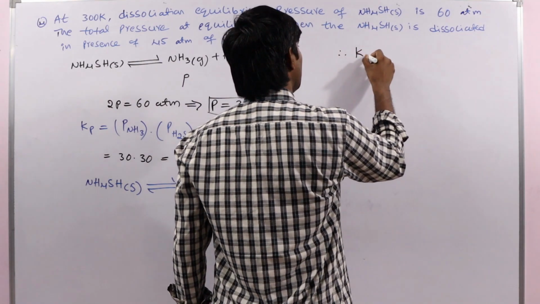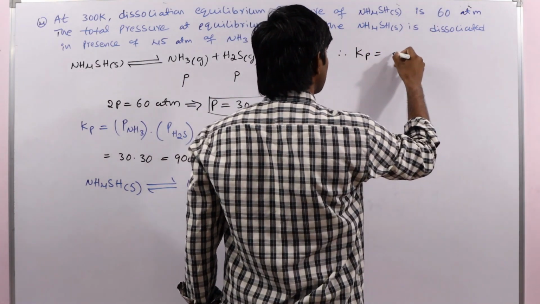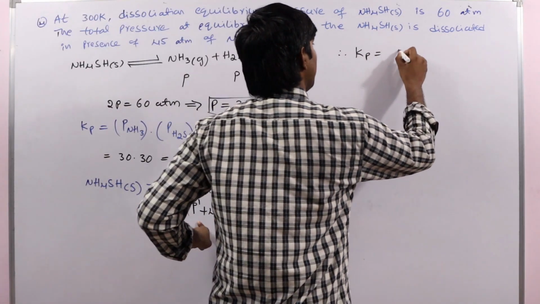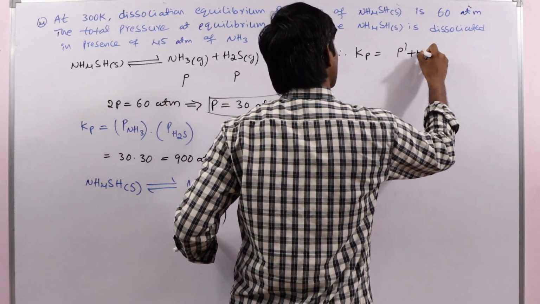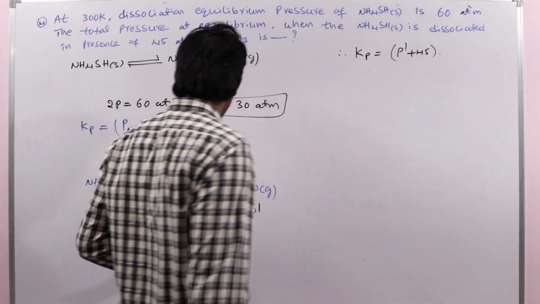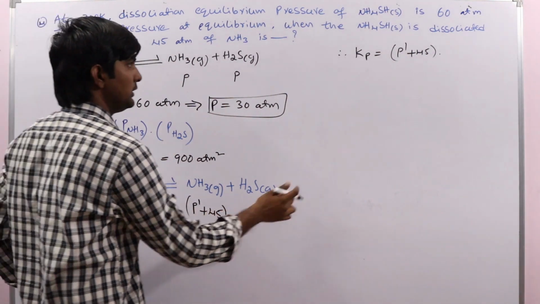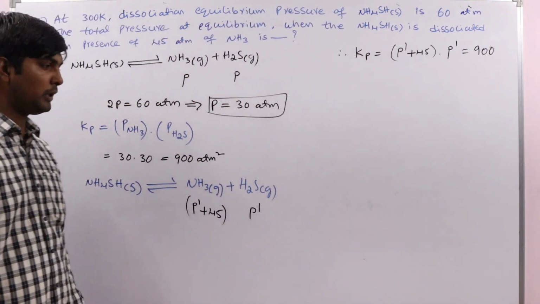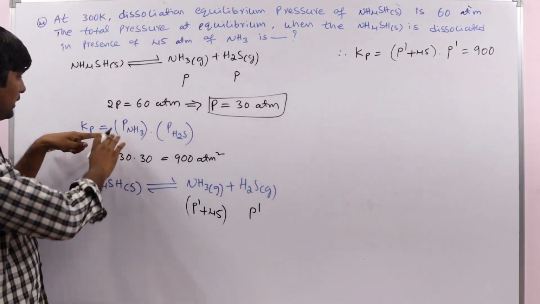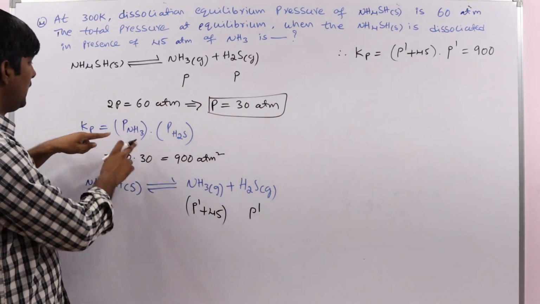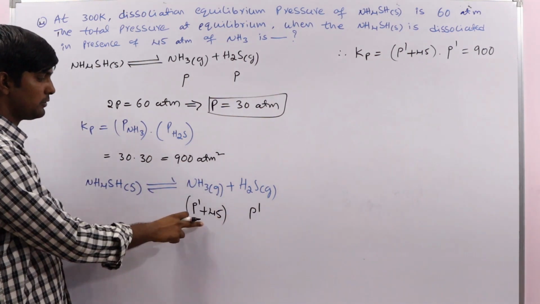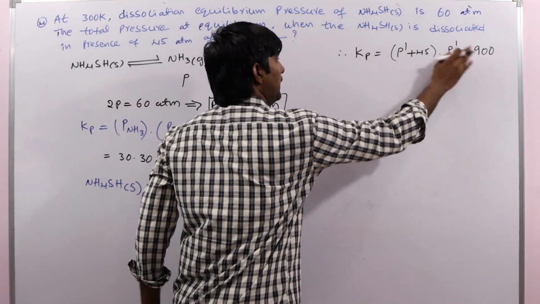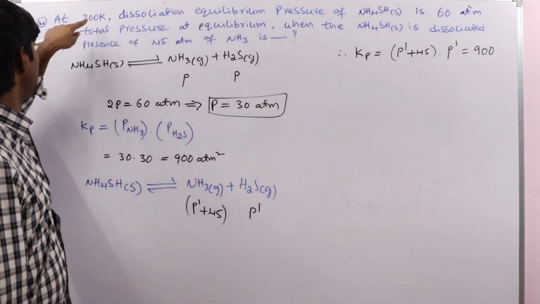Therefore Kp is equal to the partial pressure of NH3, which is P dash plus 45, into the partial pressure of H2S, which is P dash, and that is equal to 900. The Kp expression is the same, and Kp equals 900 because the temperature is fixed.